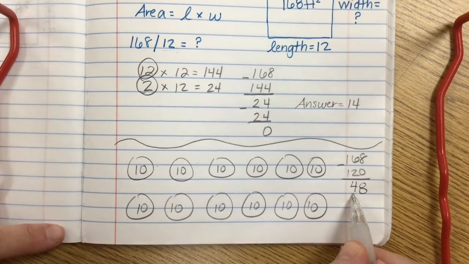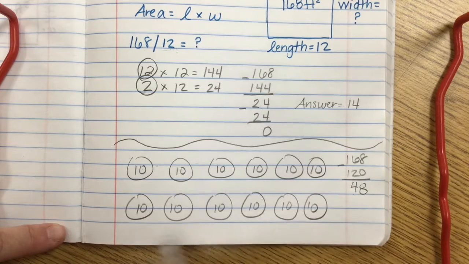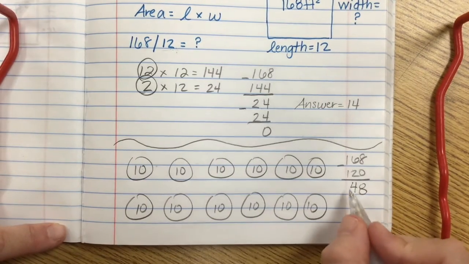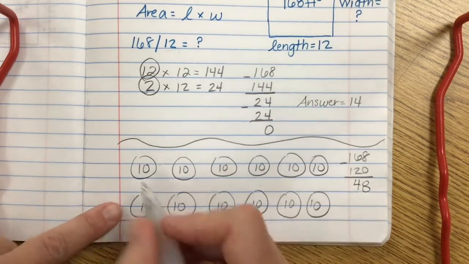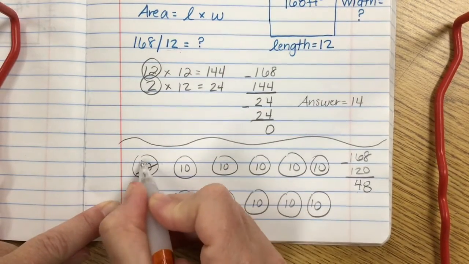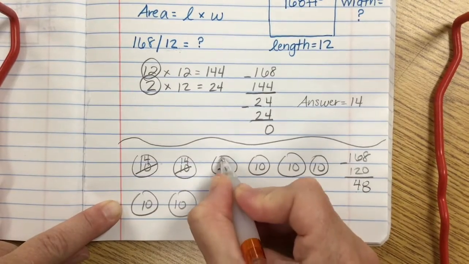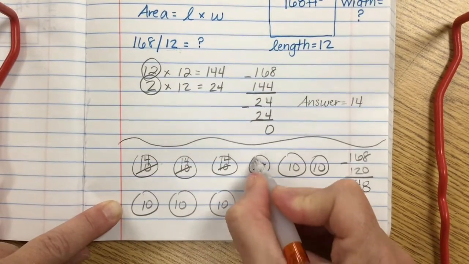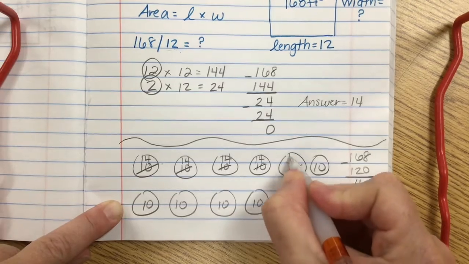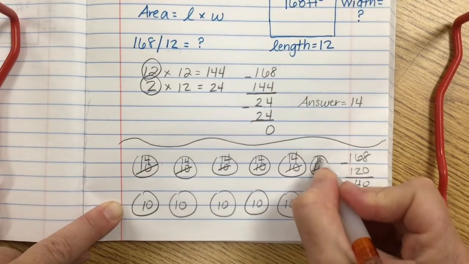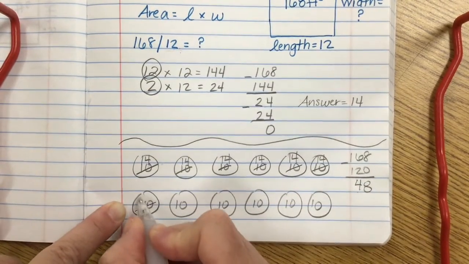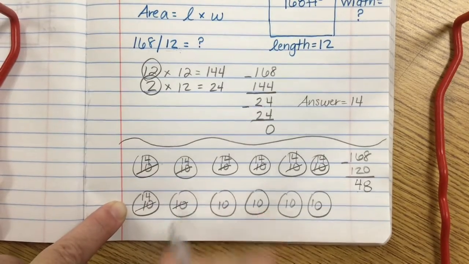So now I'm trying to divide 48 up into 12 parts. Well, I happen to know that 48 divided by 12 is equal to 4. So now I'm going to add 4 to each of these, making each of these 14. And instead of me taking the time to do that in every one of the boxes, now I know that 168 divided by 12 is 14.